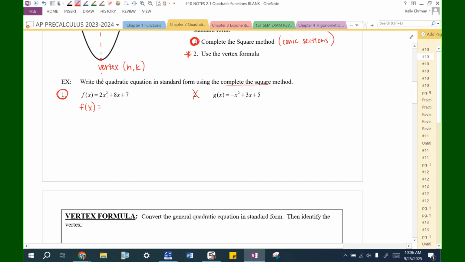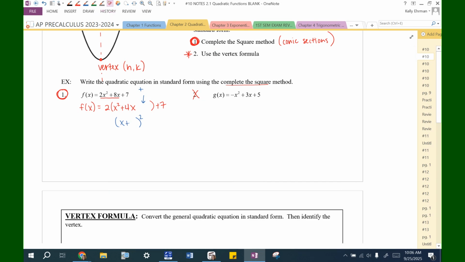You have to begin by factoring a 2, in this case, or whatever's in front of x squared, out of the first two terms. The reason this is called complete the square is because you're trying to add something to this equation that makes this a perfect square trinomial that factors into (x plus something) squared.